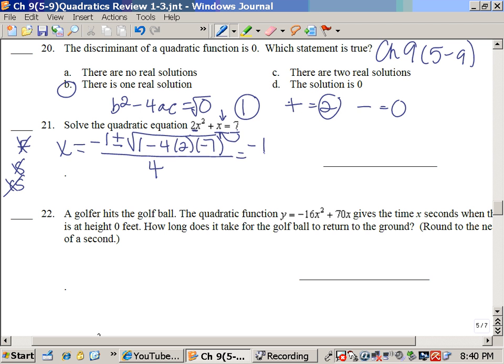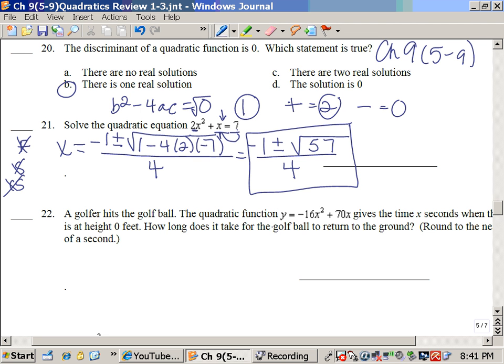That gives me negative 1 plus or minus the square root of 4 times 2 is 8 times 7 is 56. 2 negatives, so it's 1 minus negative 56, which is 57, all over 4. If you are on your Inspire calculator, you would type this in and get your answer. If you're on the little blue calculators, this would be your final answer. We're going to practice tomorrow typing those in so that you're very good and successful at getting the right answers.